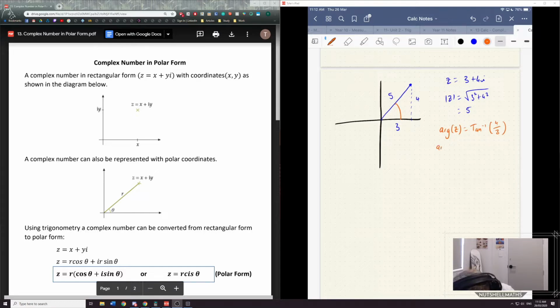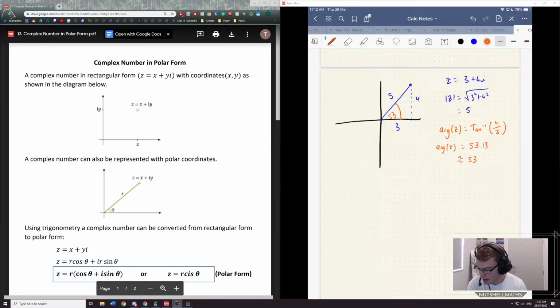And I can say that the argument of z is 53.13 degrees, let's just round it to 53 for now. Okay? Yeah, this is live, dude. So I know that this is 53 degrees. Now, this is what we did yesterday, the argument, and this shouldn't be a problem.